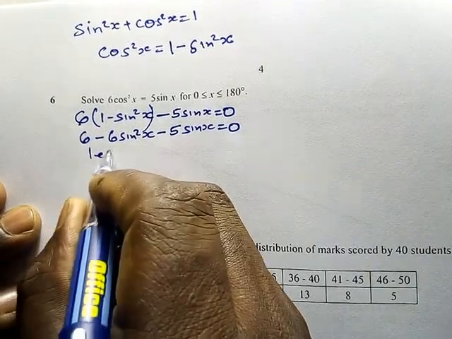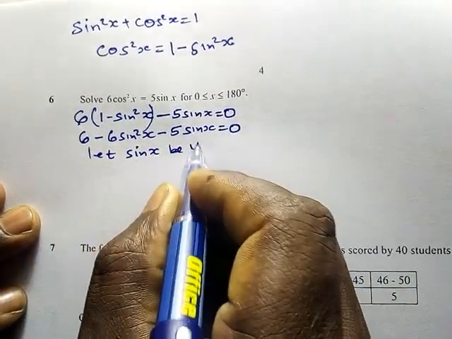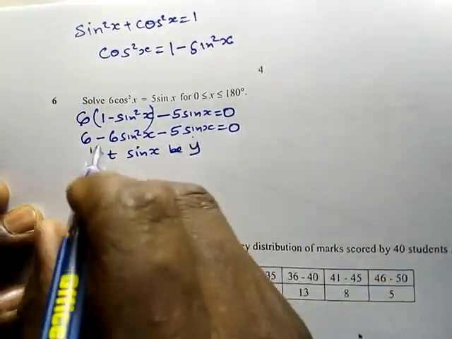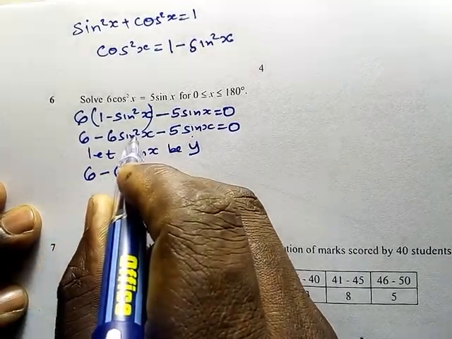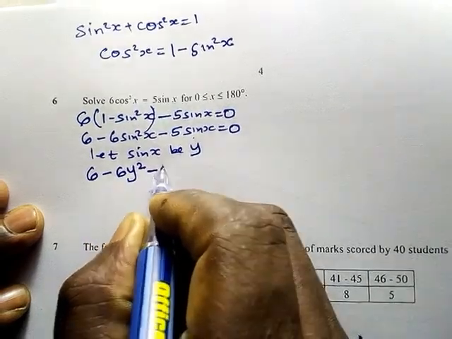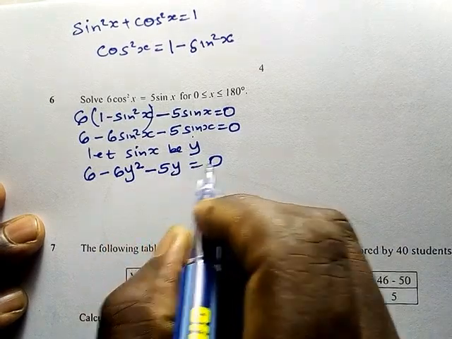Now you let sin x be y. Mahali popote kuna sin x, you substitute with y. So this one is going to be 6 minus 6 sin square, it means y square, minus 5y equal to 0. Now this is a quadratic equation.